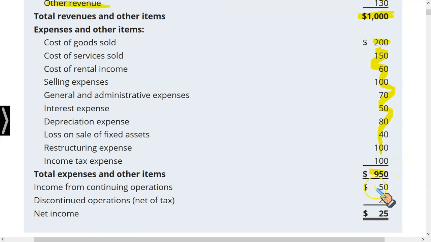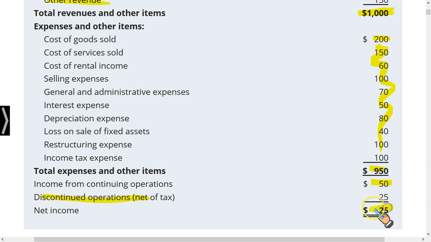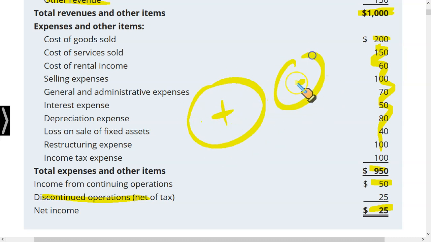And this gives you the income from continuing operations. Then discontinued operations we'll discuss in a little while, and then you get the same net income as we got previously. So it's just a one-step arrangement where you have all the expenses and all revenues in one place to give you the net figure for the profit.